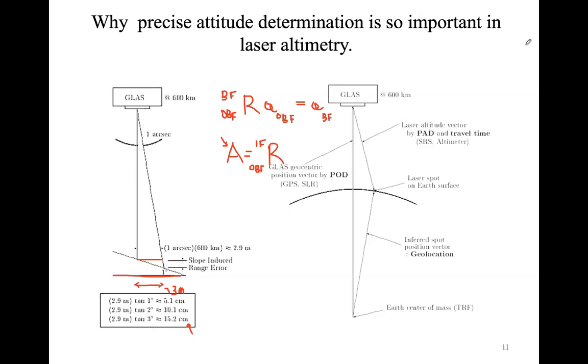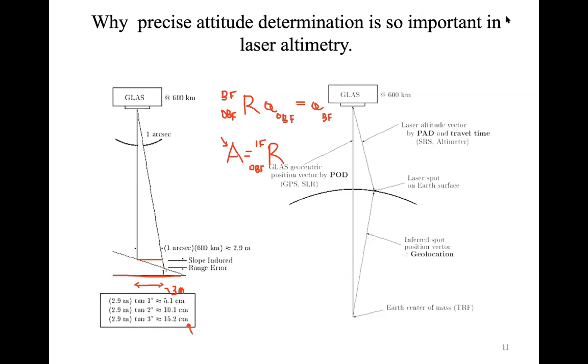So the attitude represents indeed one of the major tasks for spacecraft operations. So I received a question about the coordinate transformation. It would also be necessary to have a transformation between the origins of each system.